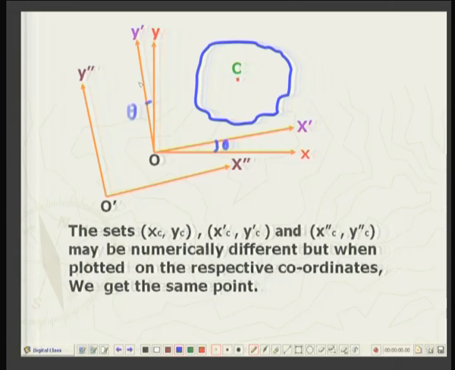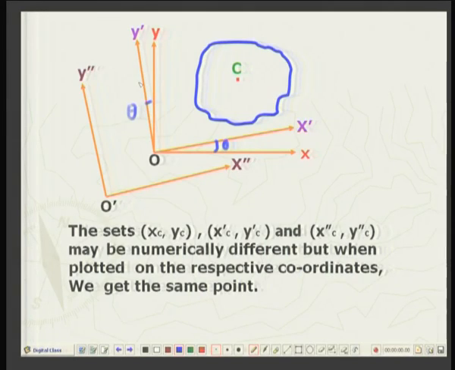Now, if we use the definitions of the first moments, we can again calculate the centroid in the new coordinate system, that is xc dash and yc dash. Although numerically they may look different, if I plot these two coordinates, xc dash along the x dash axis and yc dash along the y dash axis, again the same point will be obtained, that is the same point C.